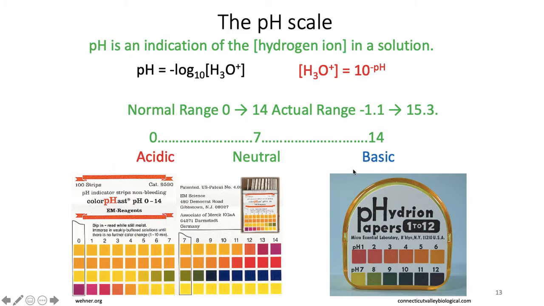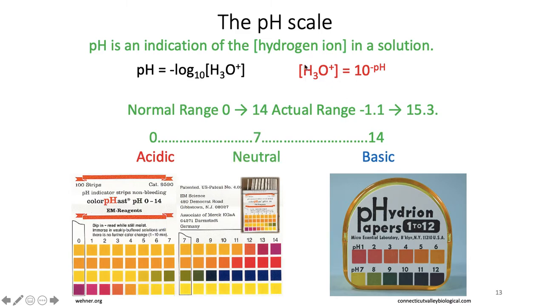The pOH scale goes in the opposite direction. On the pOH scale, 0 to 7 is basic, and 7 to 14 is acidic. But on the pH scale, which is mostly used, 0 to 7 is acidic and 7 to 14 is basic. And 7 exactly is a neutral solution.